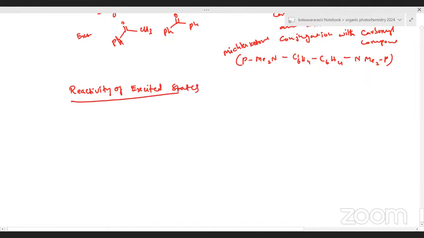Reactivity of excited state. What's happening? If you take a carbonyl compound, it shows the singlet of n-π* and triplet of n-π* state.